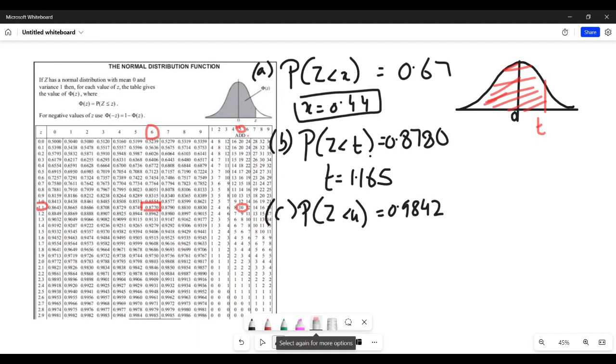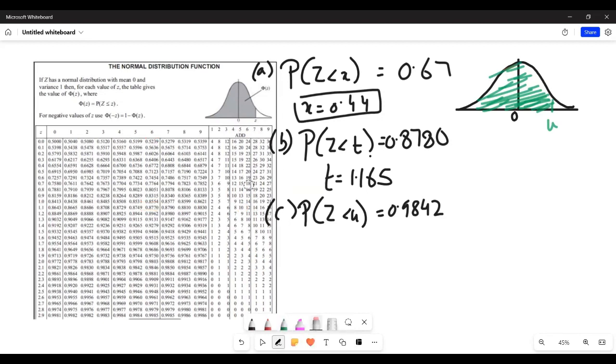This is even closer to 1. So it's also a positive value because the probability is very close to 1. So U is somewhere over here, so that the probability Z is less than U is very big, 0.9842. Okay, so it's a positive value, so we don't need to make any adjustments.